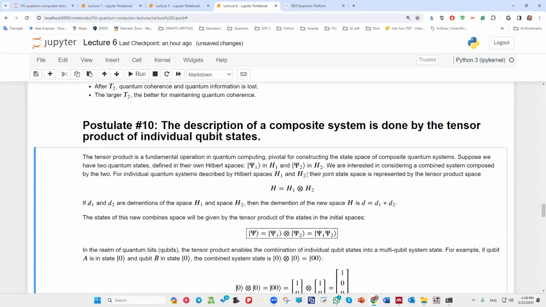As a postulate, we say that the Hilbert space of the composed system, the system composed by the two, is given by the tensor product of the two Hilbert spaces, H1 tensor H2. The tensor product is denoted by this circle with a cross in it, and mathematically, it's just a map that generates a larger space from these two.